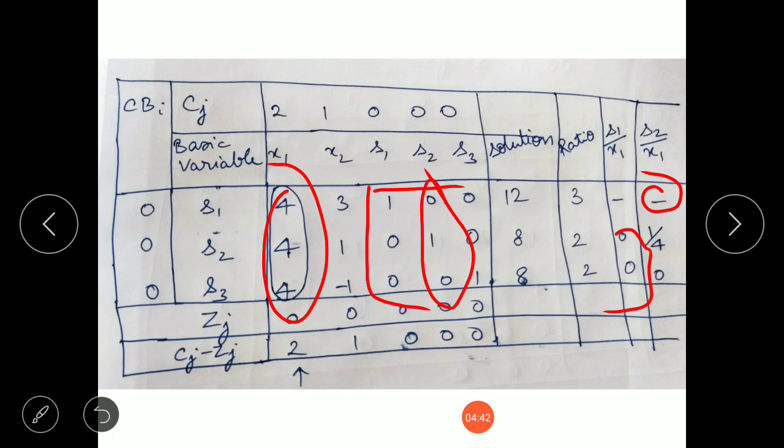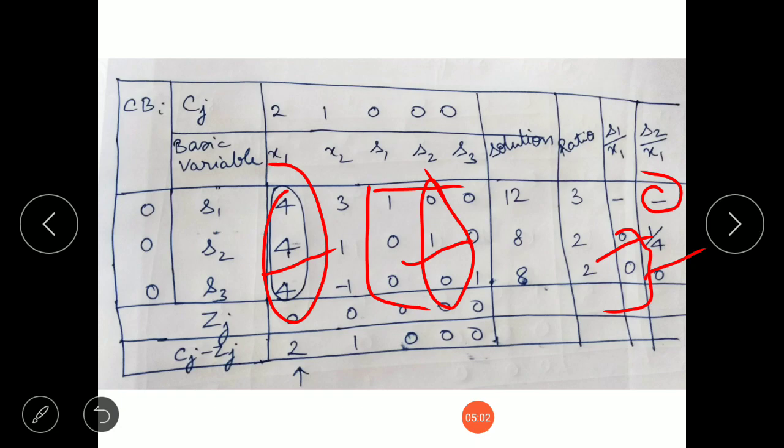So we'll find the second and third elements only for S2 by X1. For the second element, the corresponding S2 element is 1 and the corresponding X1 element is 4. So 1 divided by 4 is written here in the S2 divided by X1 column.